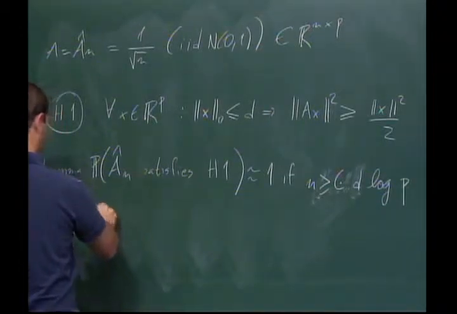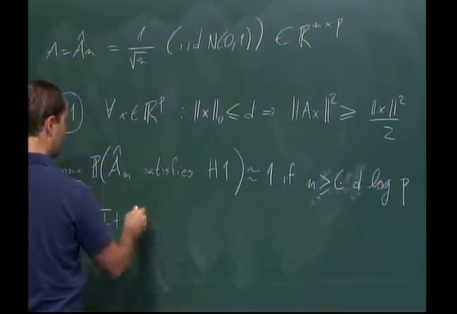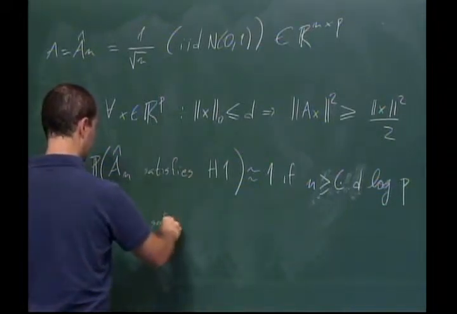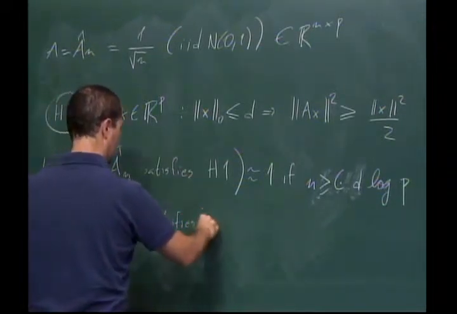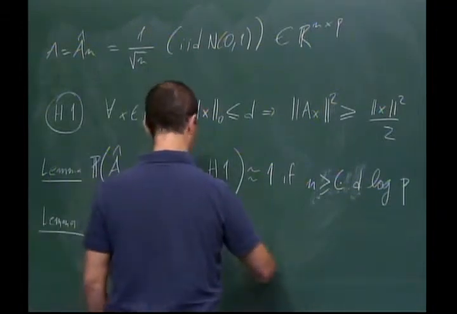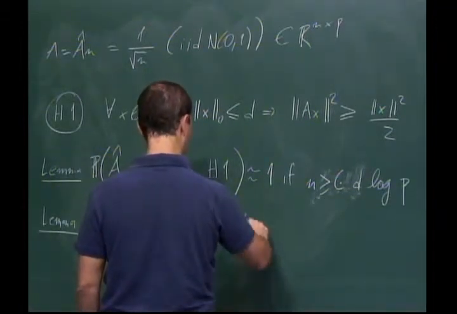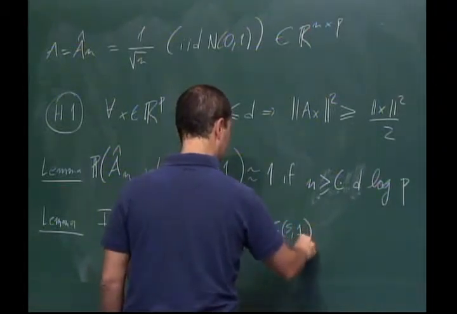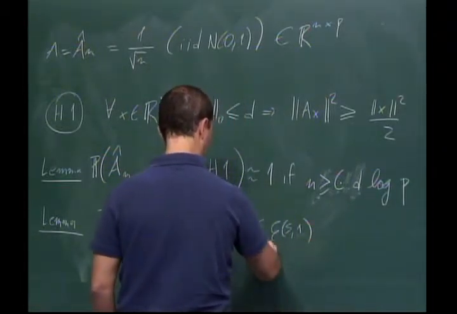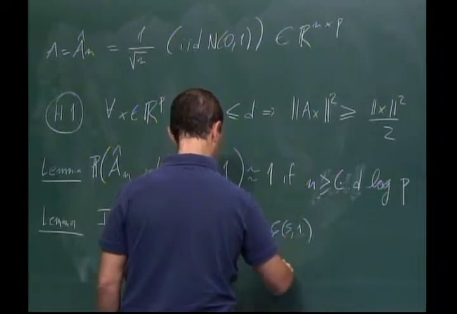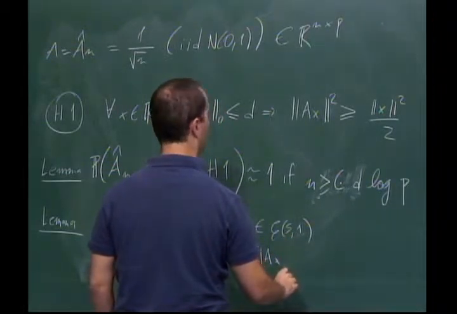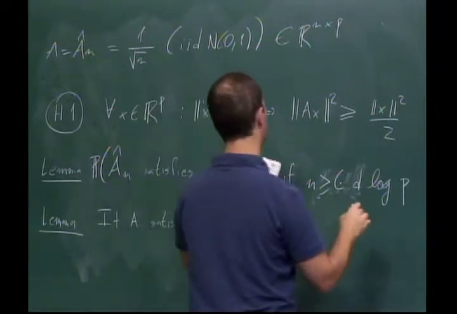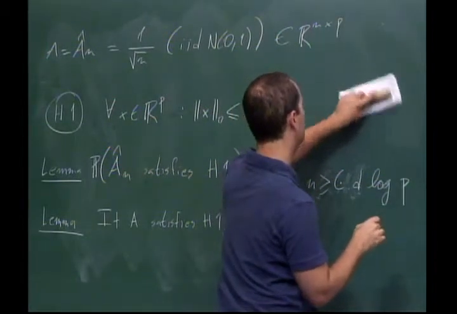that if a matrix A satisfies H1, then for all x belonging to CS1, we have that Ax, oh, sorry, I need to be a bit more specific. I need a slightly stronger property here.